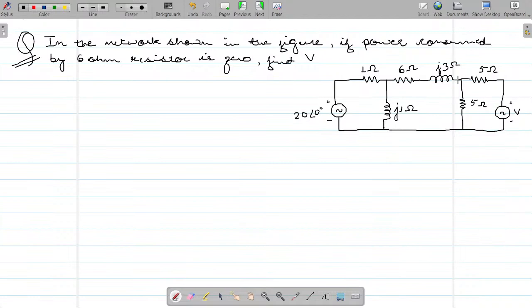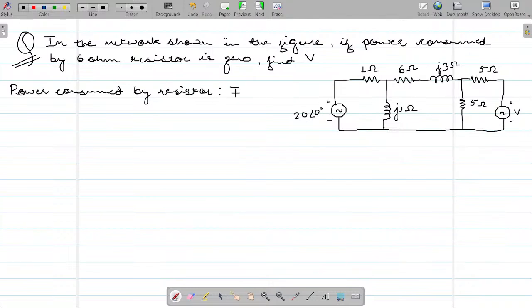You're given that the power consumed in this 6 ohm resistor is 0. What is the power consumed in a resistor?